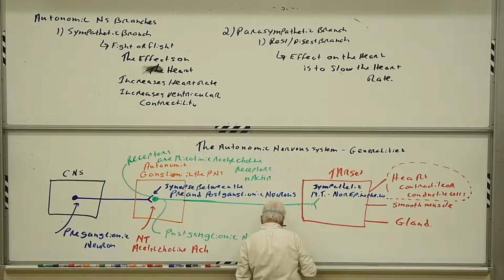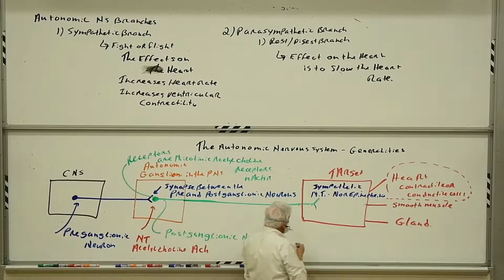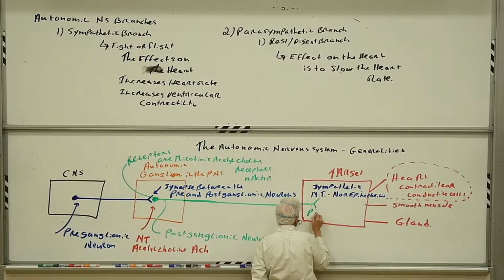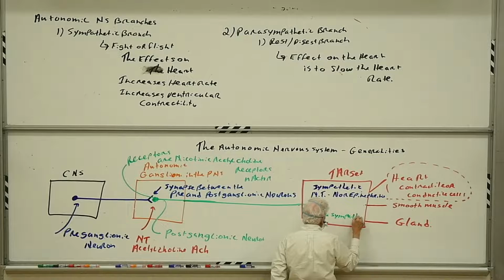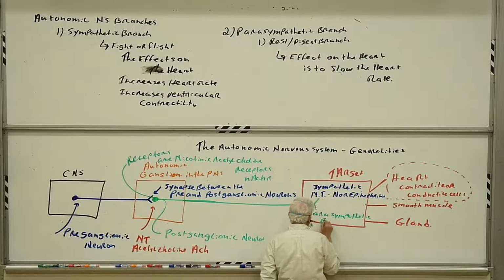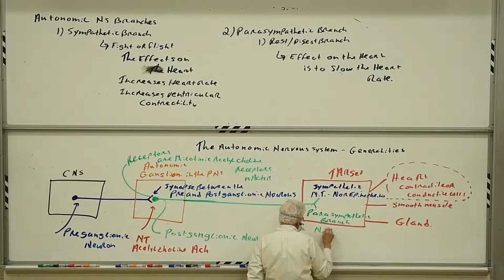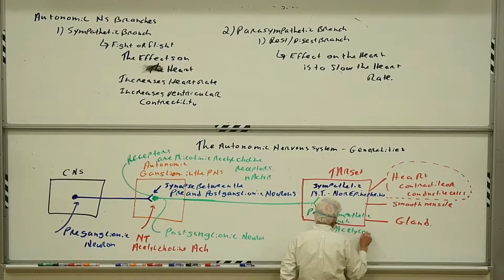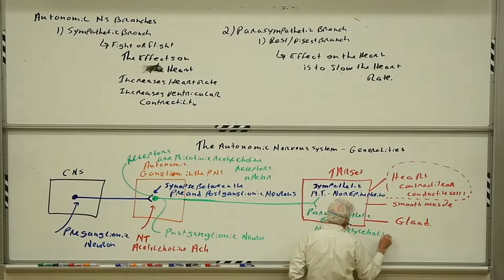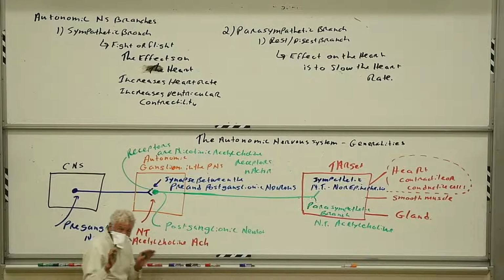The neurotransmitter for the parasympathetic branch, we'll put this in green, the neurotransmitter is acetylcholine. Now, hold on to this idea, because this is an important idea.